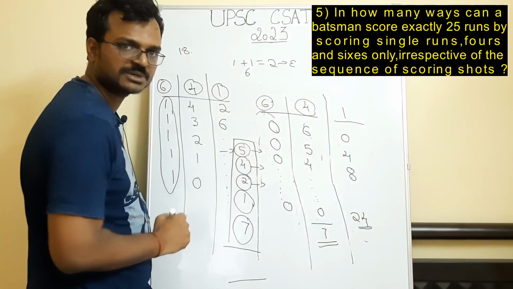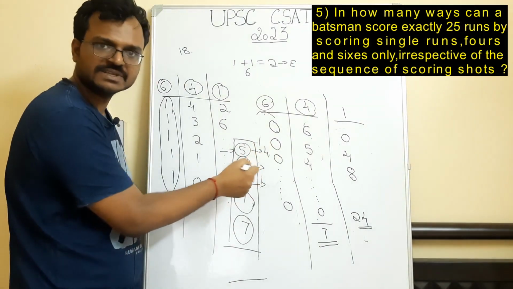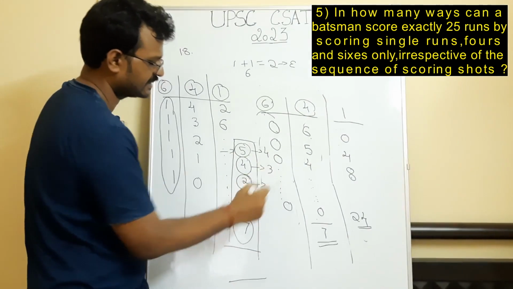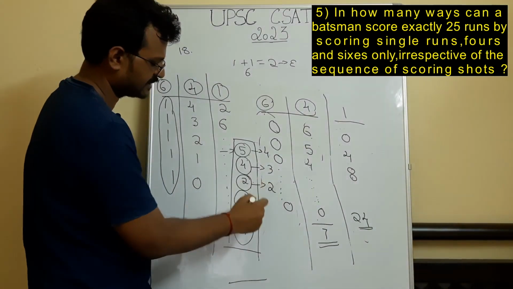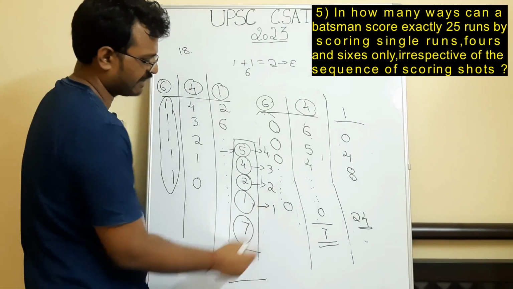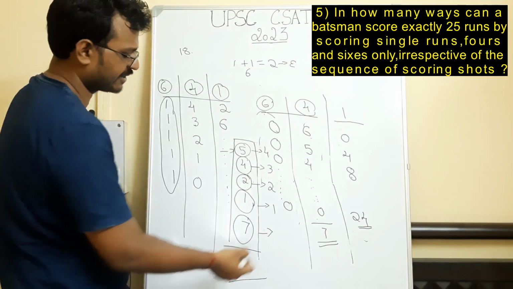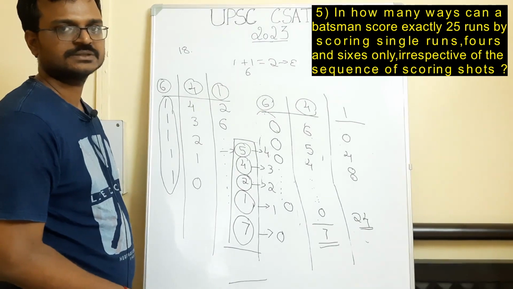This is the number of possibilities when 6 appeared 4 times. Number of possibilities when 6 appeared thrice, that is 4. So thrice. Number of possibilities when 6 appeared twice, that is 2 times. When 6 appeared 1, we had 1 possibilities in which we could arrange. And when 6 did not appear at all, that is 0, we have 7 different possibilities.